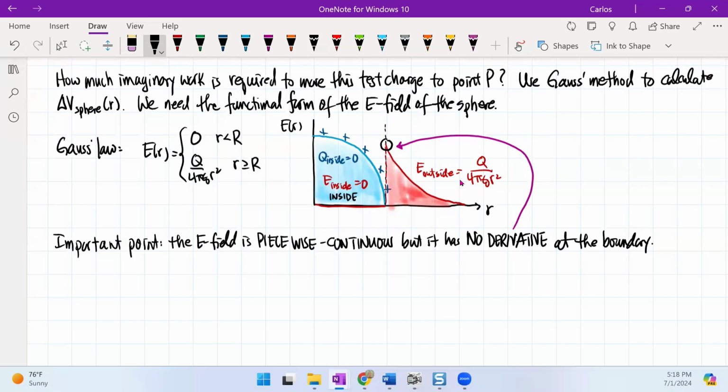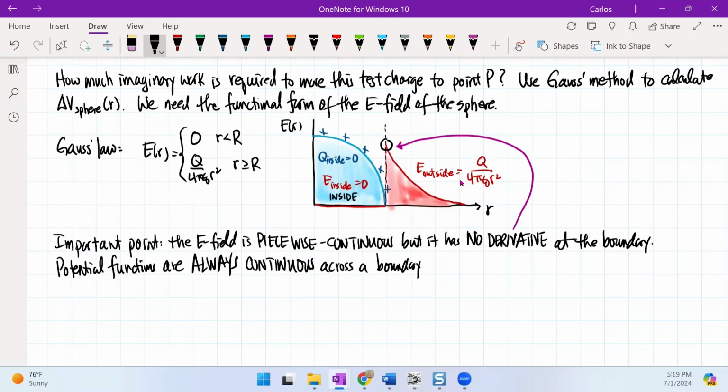Now, it turns out that potential functions are always continuous across a boundary. Not true for the field. I mean, it's piecewise continuous, but it's not a smooth transition.